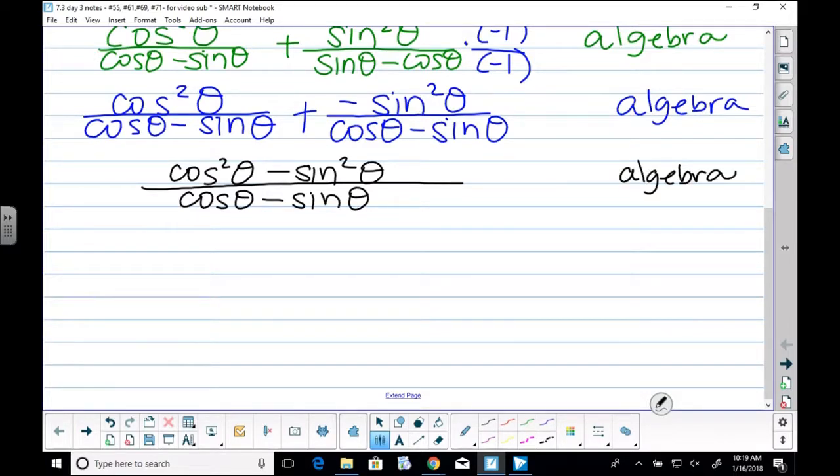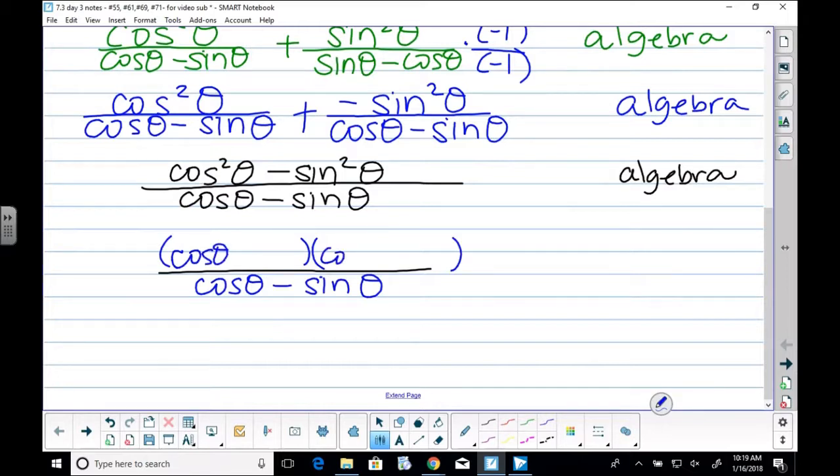The numerator is a difference of squares. So the numerator is going to factor to cosine of theta plus sine of theta times cosine of theta minus sine of theta, which one of those factors, as you see, is the denominator.